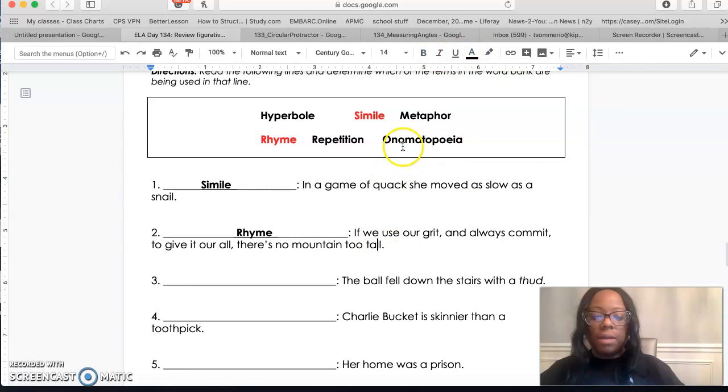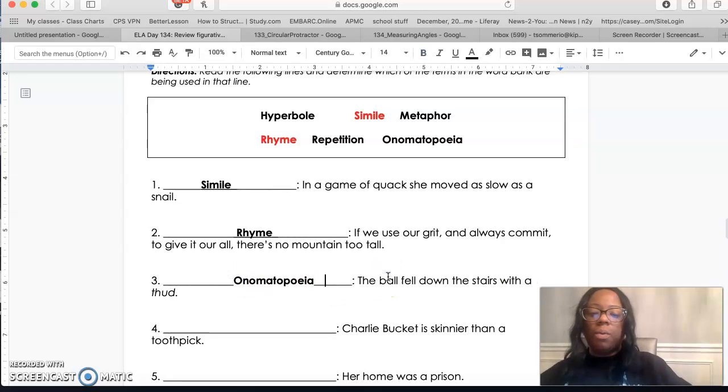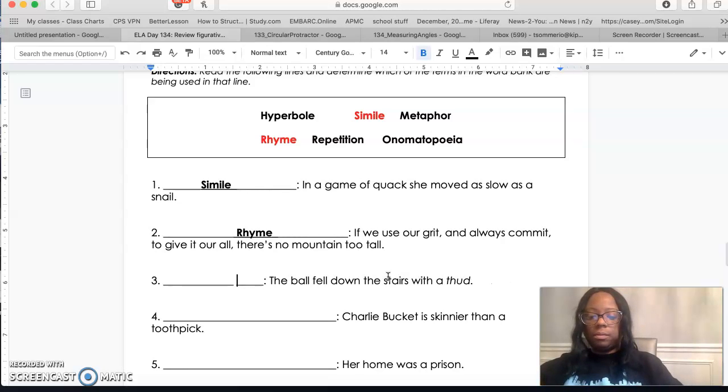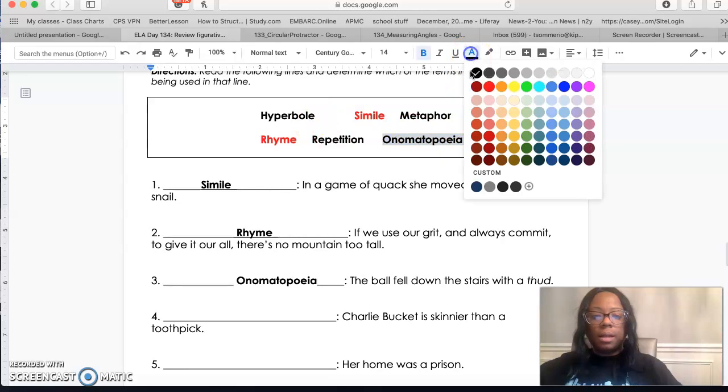The ball fell down the stairs with a thud. Thud. That's a word, that's a sound. So we should fill it in as an onomatopoeia. Once we do that, we have to highlight it as being used. So I'm going to do that.